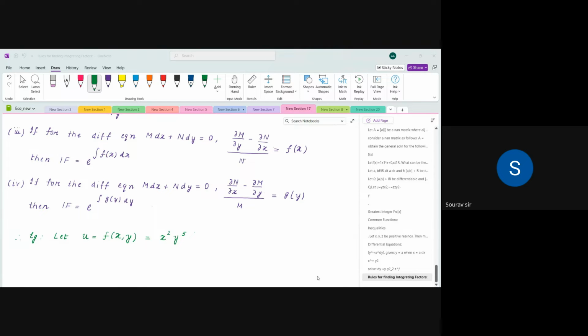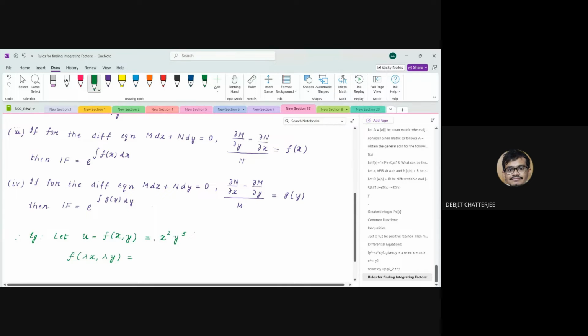Then if you try to calculate this function of lambda x and lambda y, where lambda is a scalar, some constant number, can anyone tell me what you're getting? Lambda to the power 7 multiplied by f(x, y).